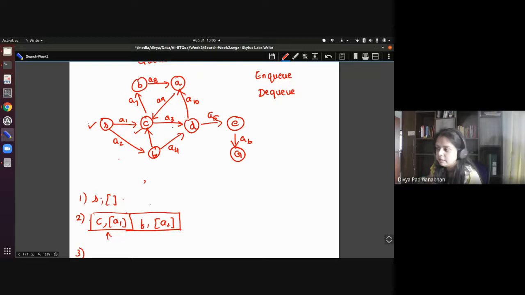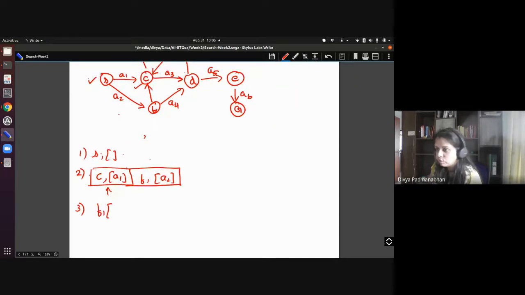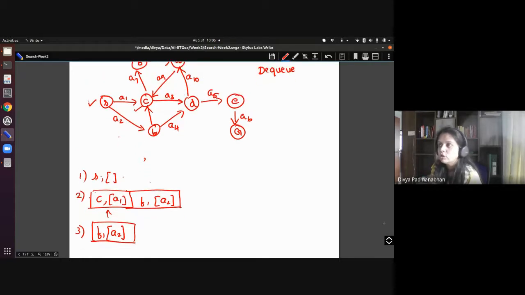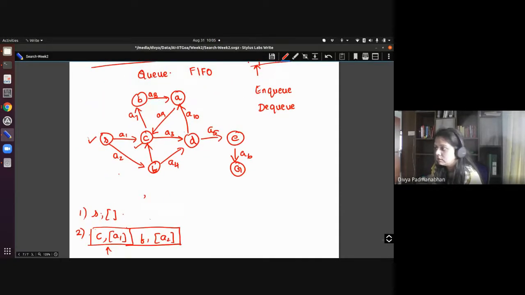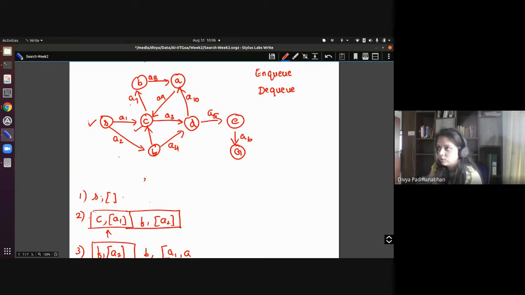You have B and D. Right now what is in the queue is F with A2, which is your first entry. Now you insert at the end of this queue. So you have B, with A1 as the path so far, and you append A7.